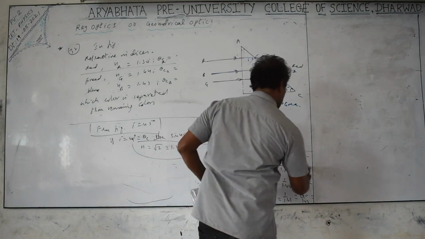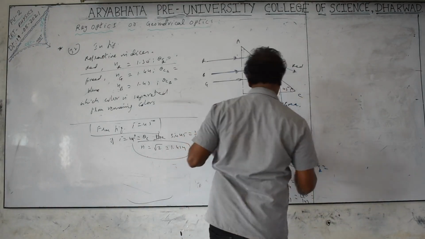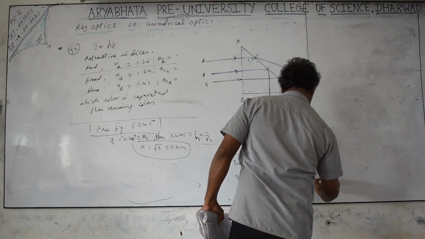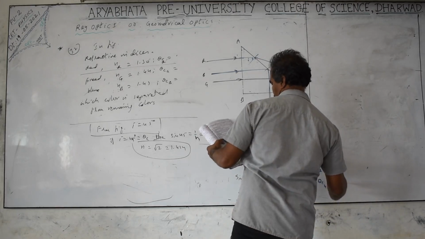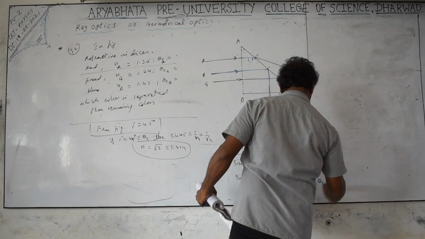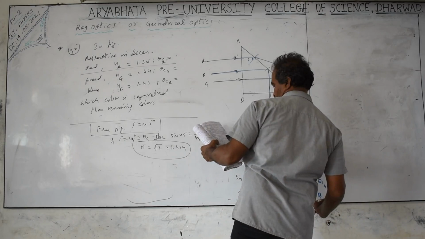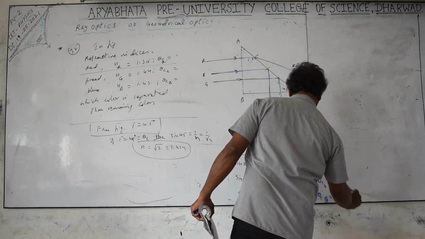This will lead to theta c of red being equal to 50 degrees, theta c of green equal to 49 degrees, and theta c of blue equal to 42.84 degrees.